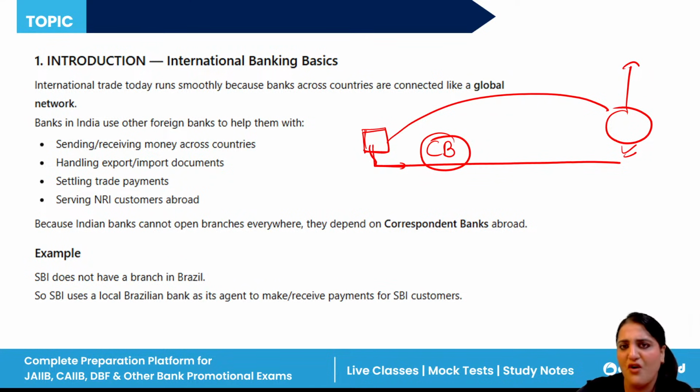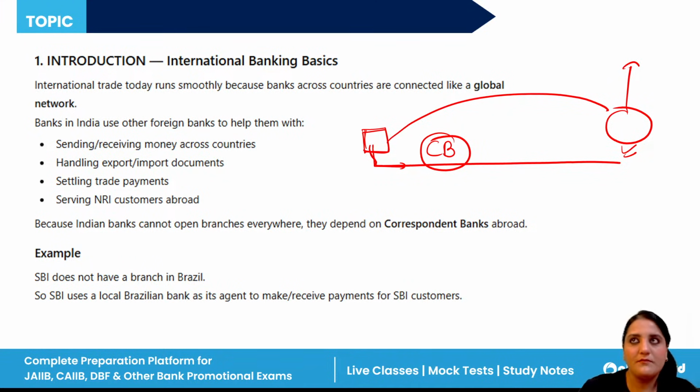There is very high cost and licensing restrictions abroad, and they need cross border trade payment. NRI remittances depend heavily on correspondent banks. It allows Indian banks to service the customers worldwide at low cost, and also it supports global financial inclusion.